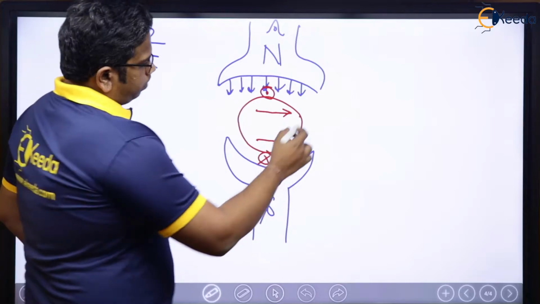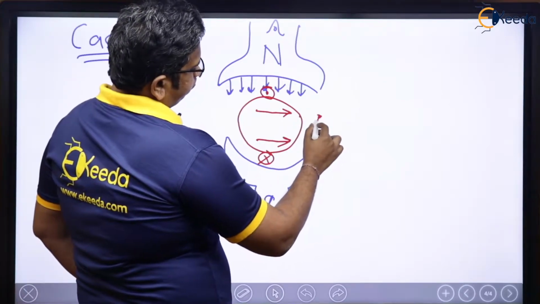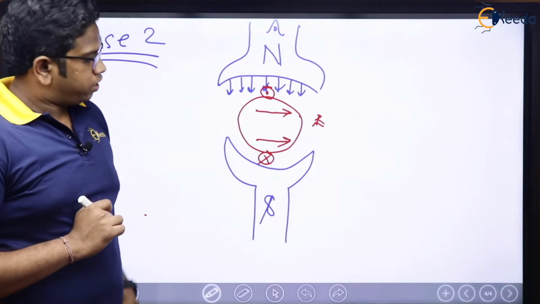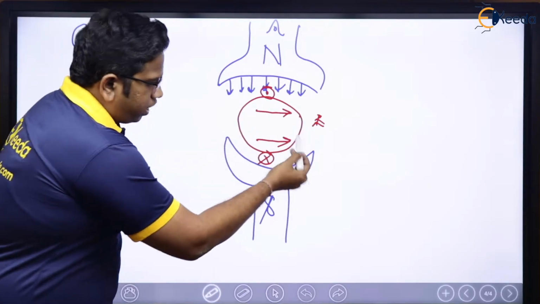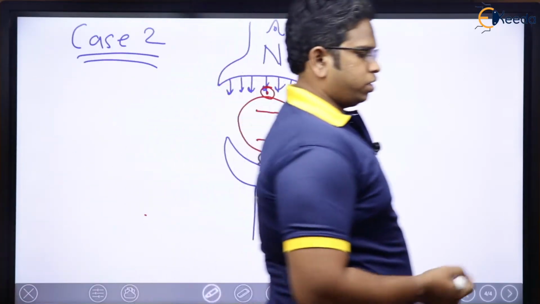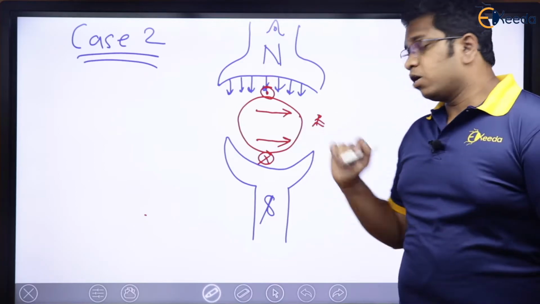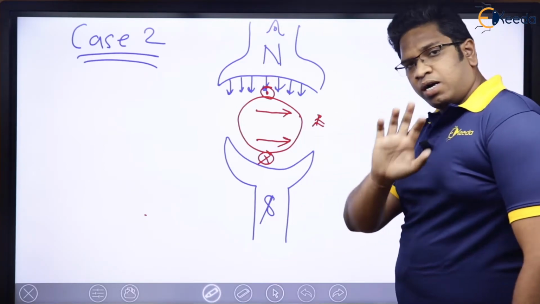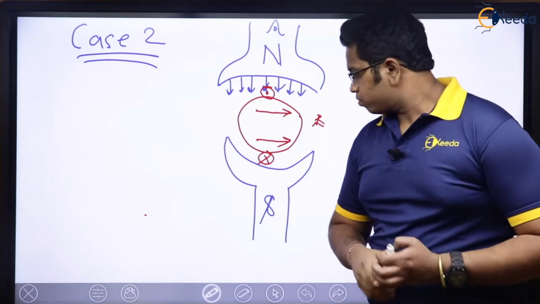If, for example, I am sitting in the air gap, what will I see? This part, whether it is stator or rotor, will be made up of what? Iron only. So if I am sitting here in this air gap, what is going to happen?